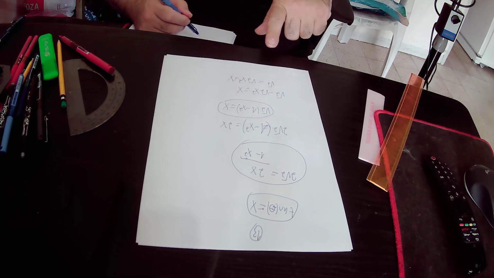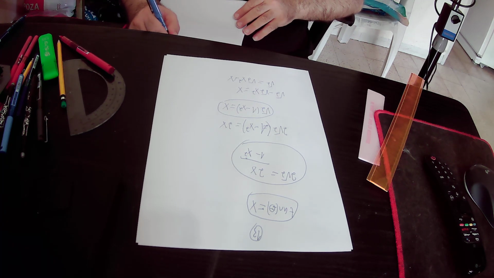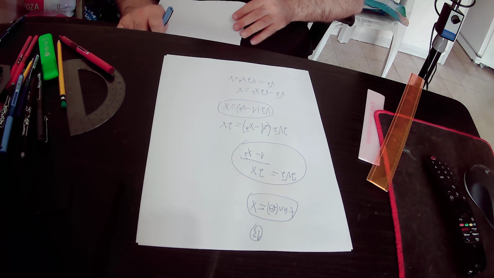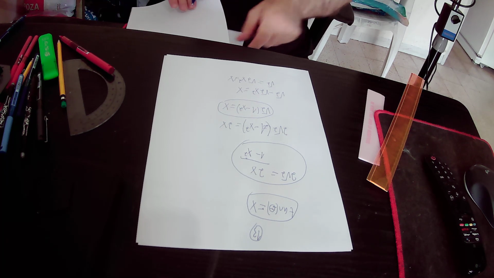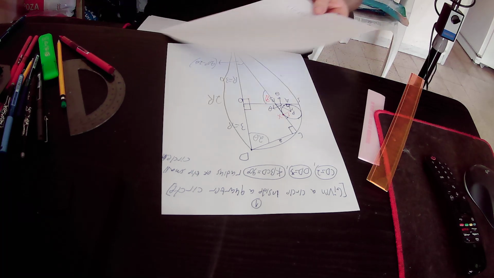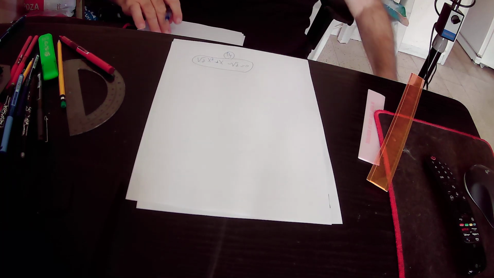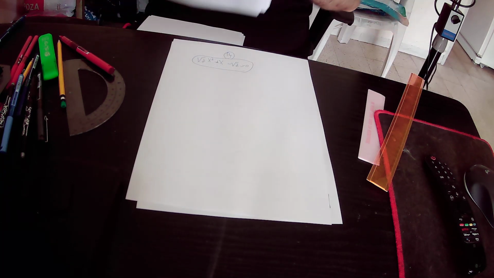We will subtract root 2 from this equality, and we will get that root 2 x squared plus x minus root 2 equals 0. So we got here a quadratic equation.